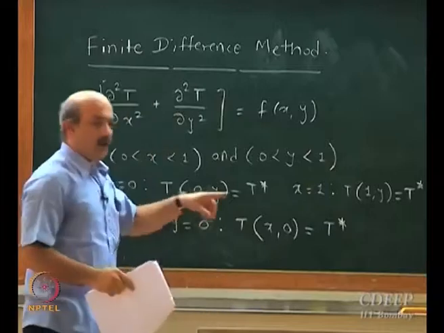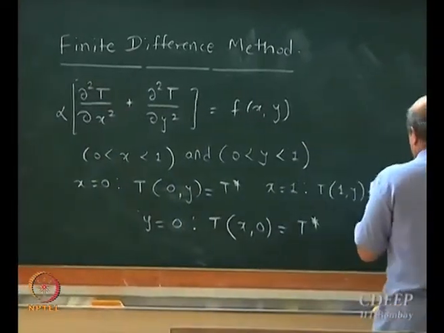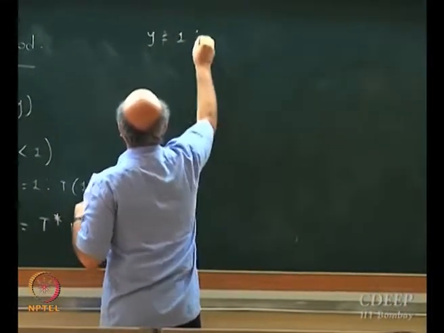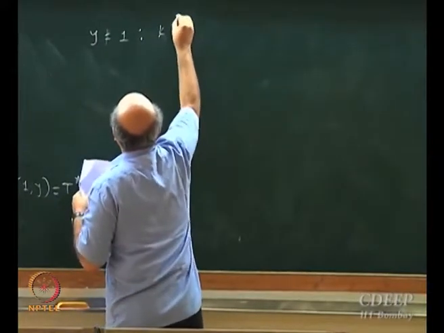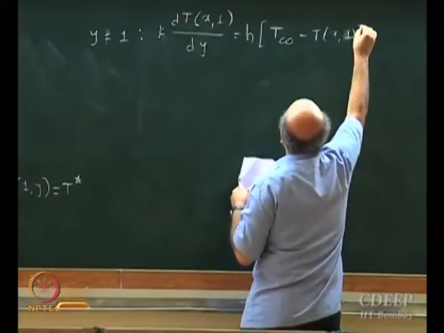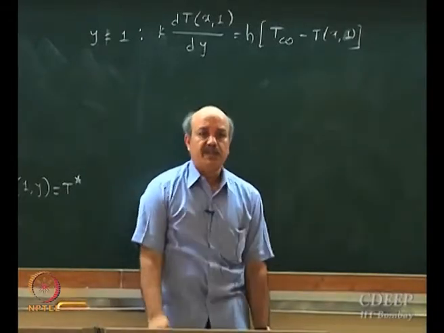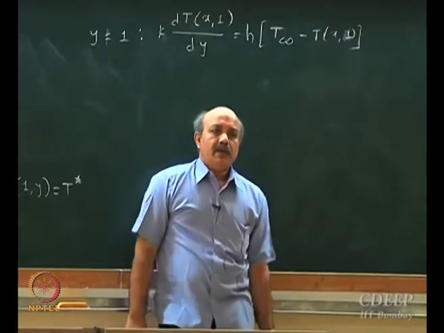So three walls are insulated, and for the fourth one, at y equal to 1, we have convective heat transfer as this boundary condition. So we have these four boundary conditions.